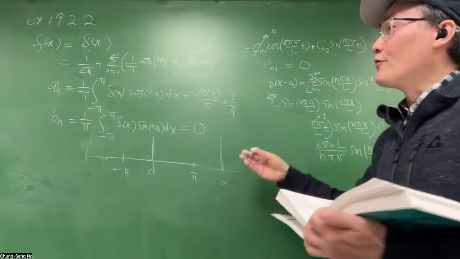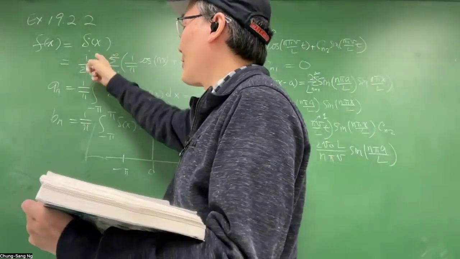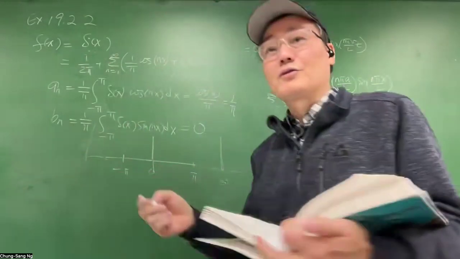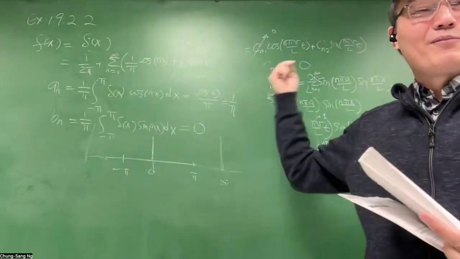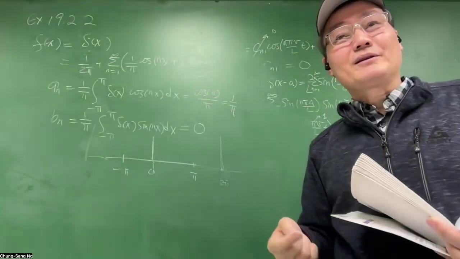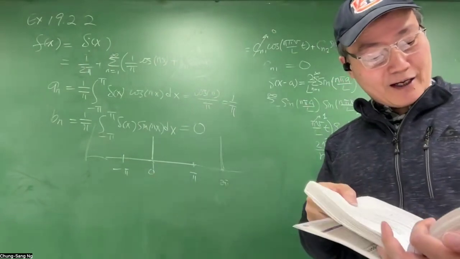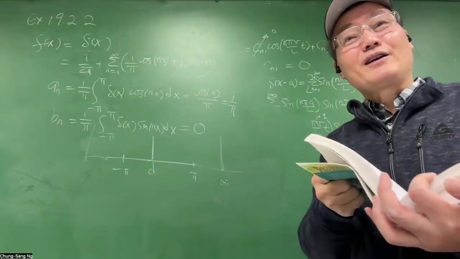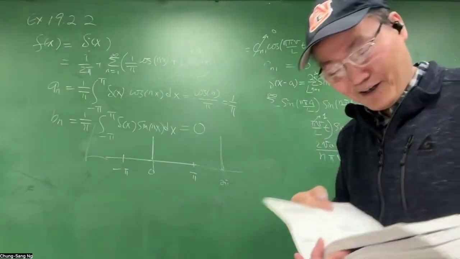If the original function just has one delta x, obviously you cannot go beyond the original domain. If you do that, you have artificial values outside of the domain. I think that is what the question is about. Is that enough for this A and B part? Okay, good.